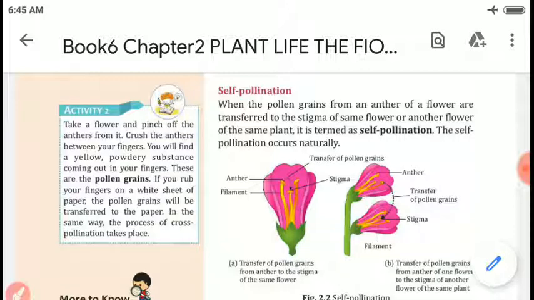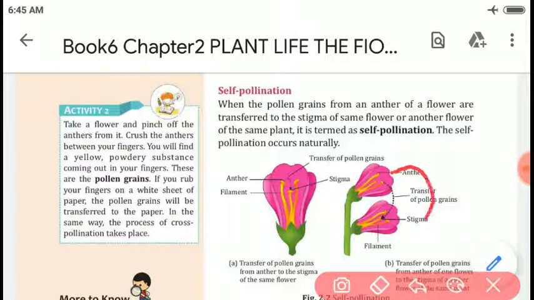We can see in the diagram the transfer of pollen grains from anther to stigma of the same flower or another flower of the same plant.